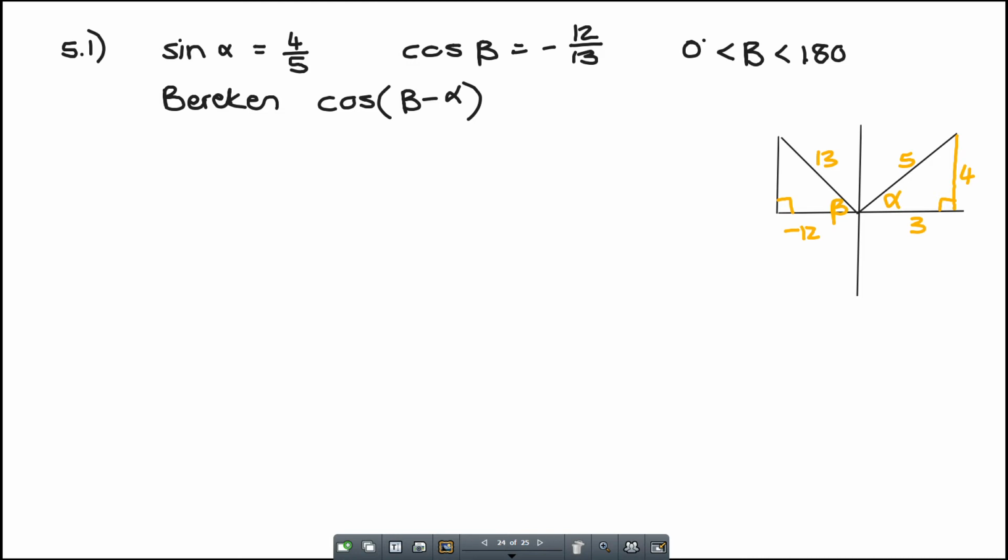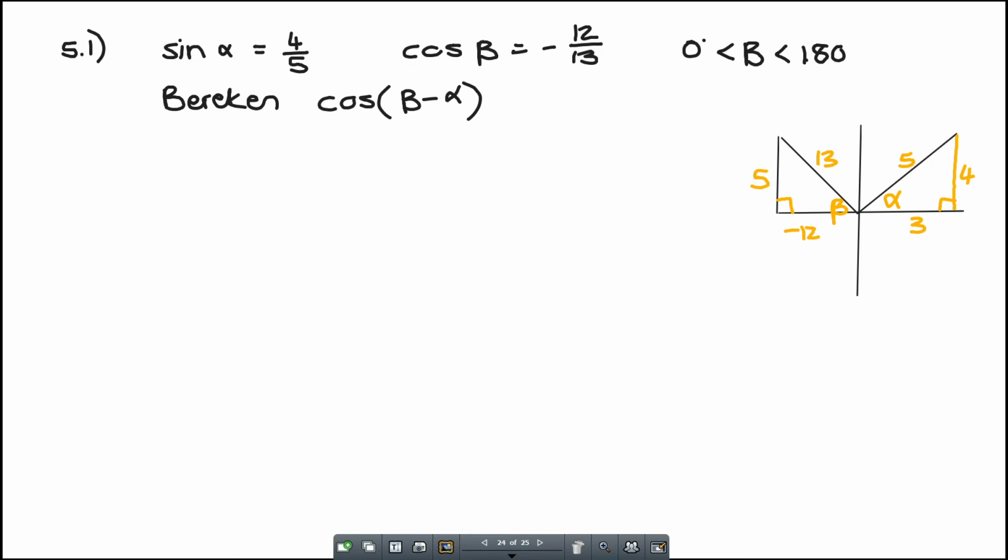Nee, dit is 3. Daai is reg. O, nou kort ek gou. Ek kort daai. So 13 squared minus the 12 squared geef my 25, so this will be 5.